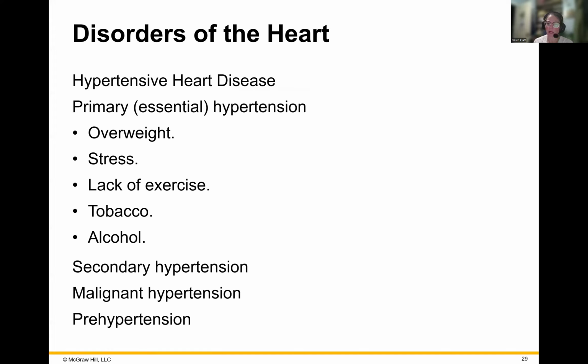So you have a primary hypertension. A secondary hypertension would mean that there's another underlying condition that's resulting in hypertension. Then malignant hypertension, and then pre-hypertension. You can read more about those definitions on page 335 in your textbook.